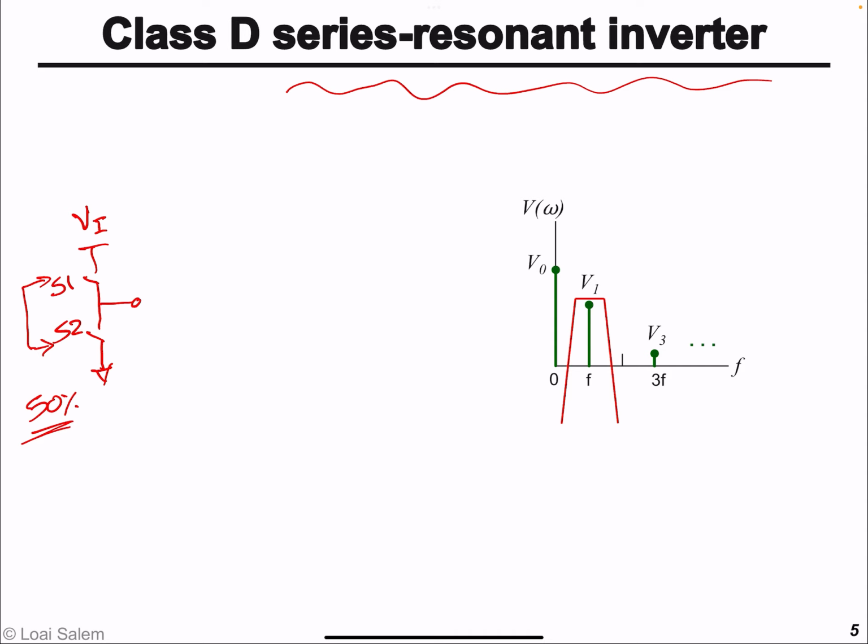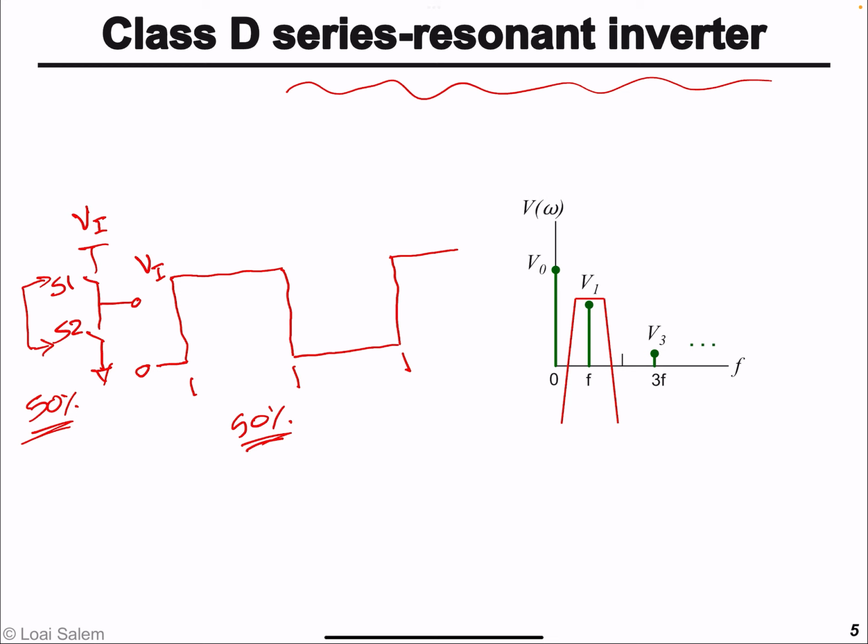So the voltage produced from these complementary switches will be a square waveform with 50% duty cycle, swinging between 0 volts and VI.